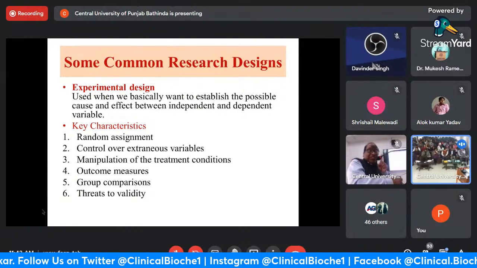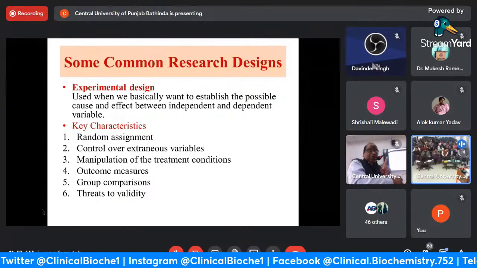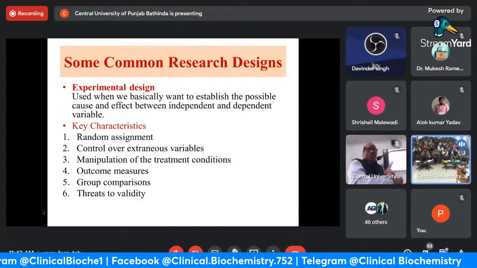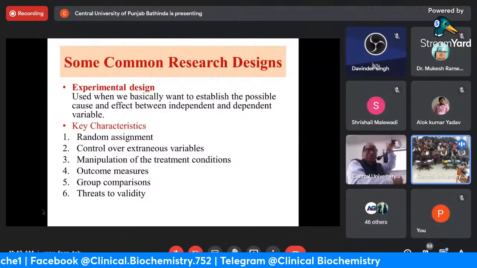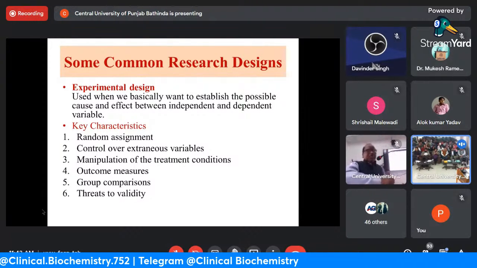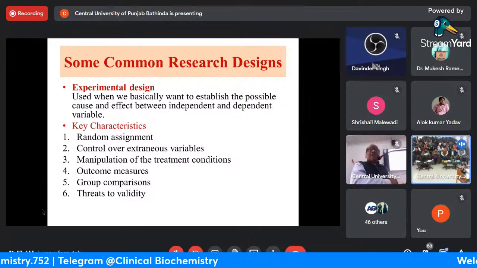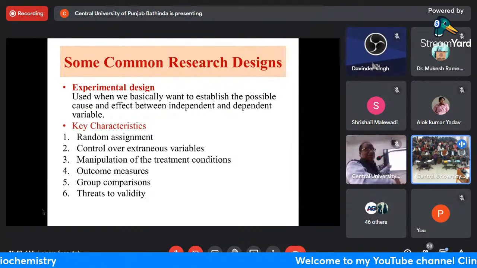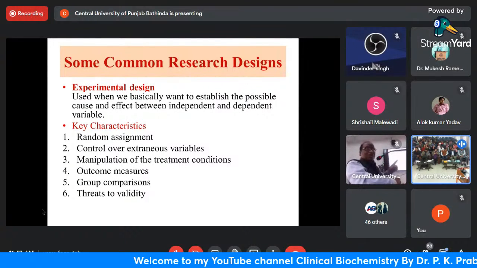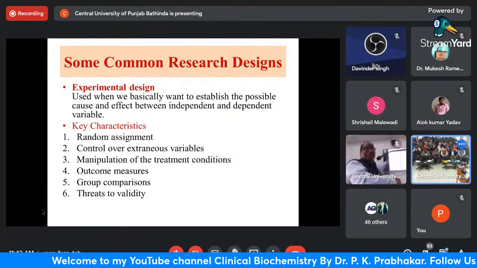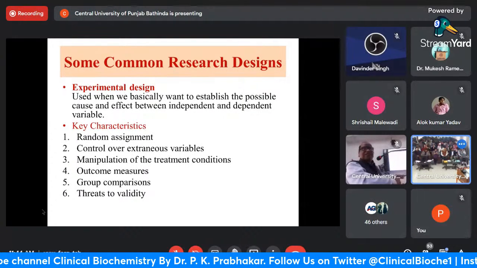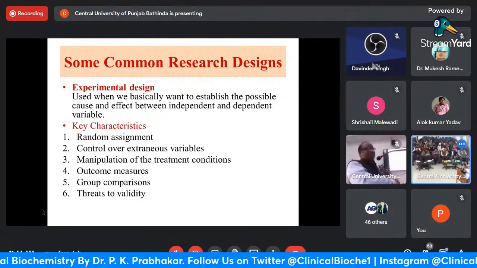But whether you purposefully select the sample for the experimental group or randomly select it depends upon the objectives of the study. So while thinking about experimental research, please focus upon these characteristics. If these characteristics are properly met, then we will succeed in our experimental research.